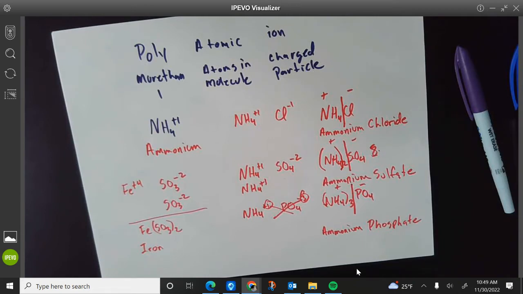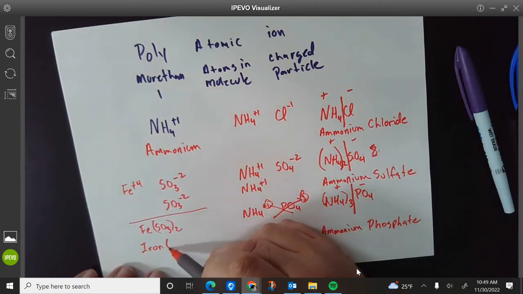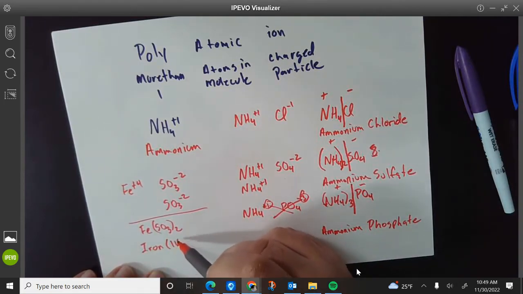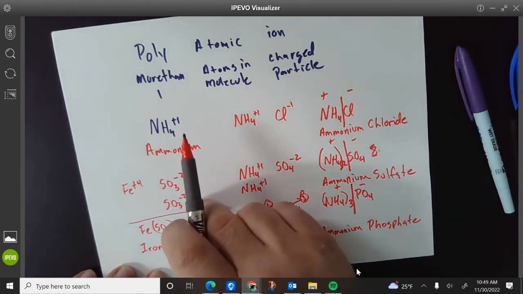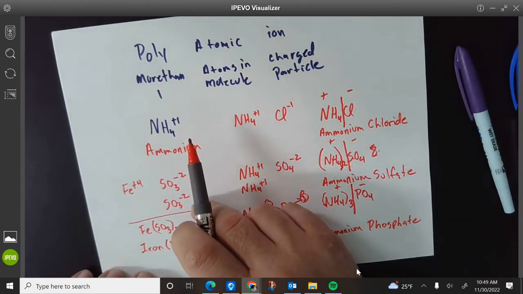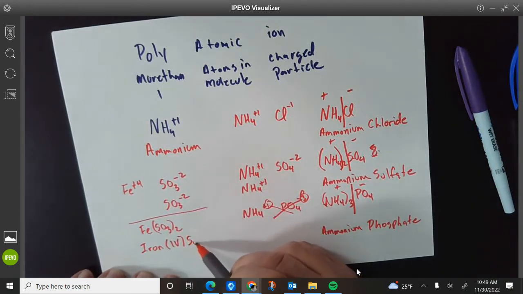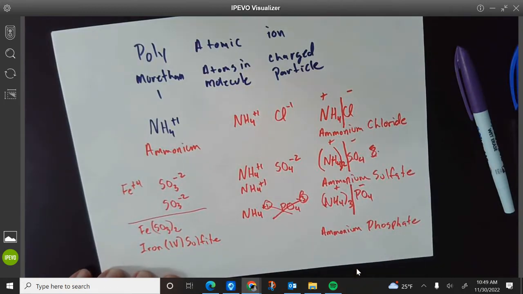So what do I need to put in here to demonstrate that it is a transition metal? Roman numeral. What does the Roman numeral have to represent? It's the charge of the cation. So what is the charge of this cation? It's a 4, so I have to put an IV there. And then what is it connected to? What's the anion called? What is SO3 called? This is sulfite. Everybody cool with this so far?